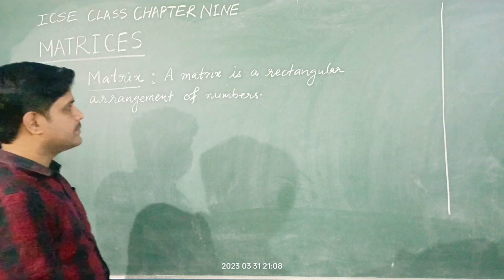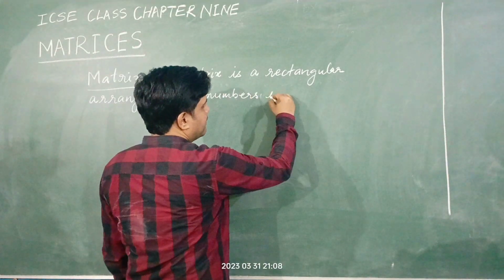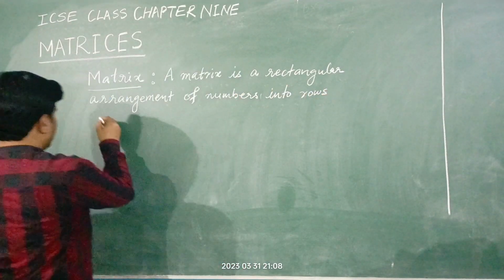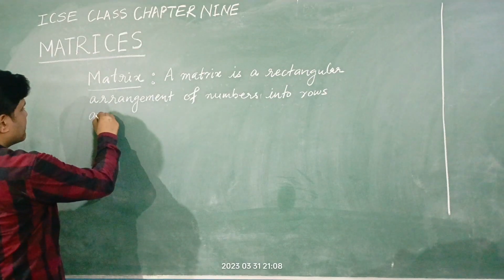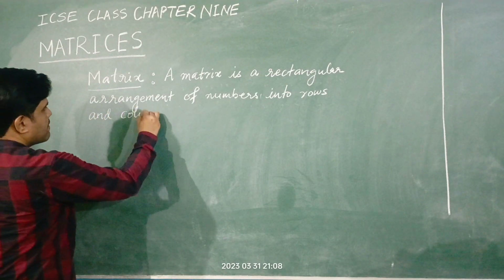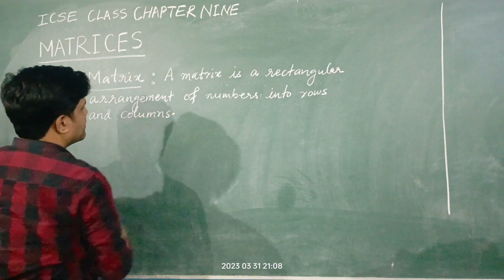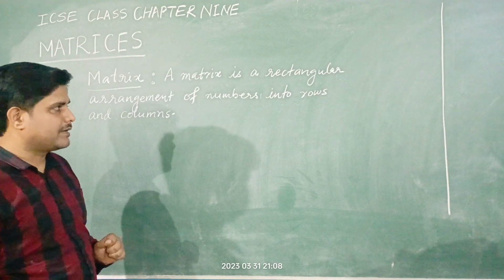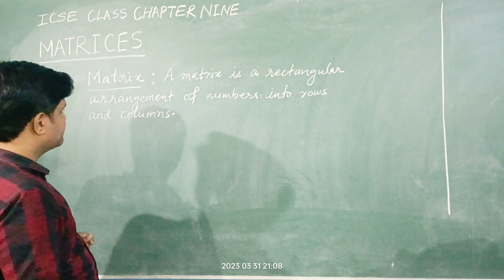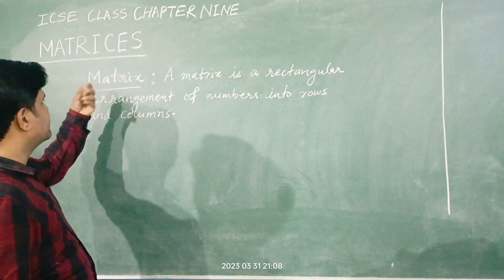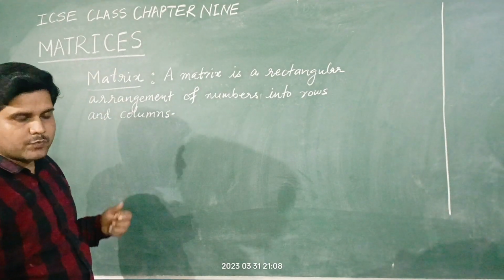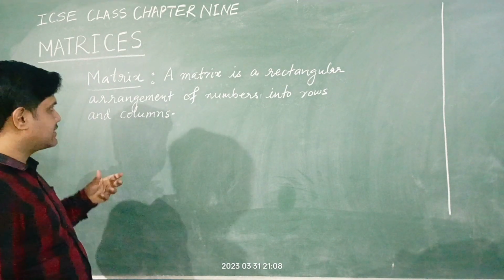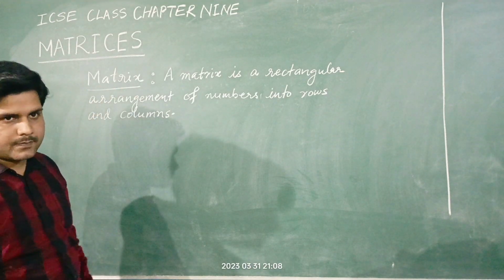But how do we write these numbers? We write them into rows and columns. So once again, a matrix is a rectangular arrangement of numbers into rows and columns. And the plural form of the word matrix is matrices. So when we are dealing with more than one matrix, we call it matrices.